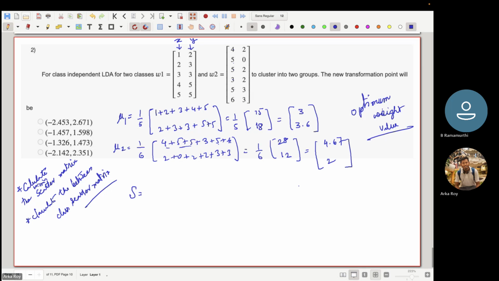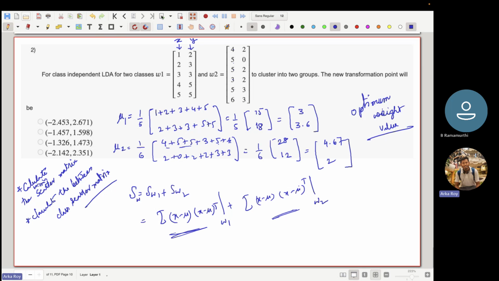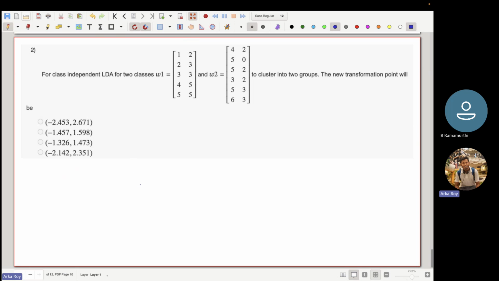So, the within class scattering matrices for class 1 and class 2. For class 1, we know it is x minus mu, x minus mu transpose, and again over here also x minus mu, x minus mu transpose. This is for class omega 1, this is for class omega 2. Now we have to calculate x minus mu for class omega 1 and class omega 2 one by one. So let me start calculating them.